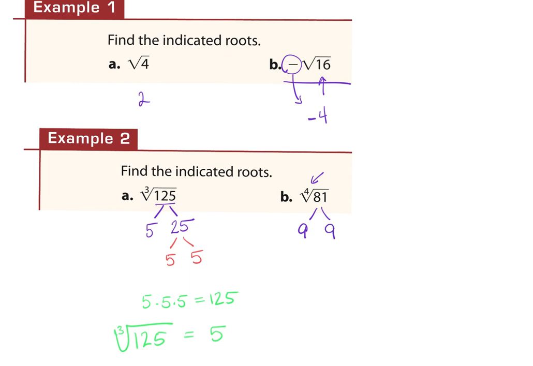We're not done yet though, because those are not primes. So we're going to split up each one of those. And now we've got primes. You can see we have 1, 2, 3, 4. If you multiply those, you would get 81. The 4th root of 81 then is 3.